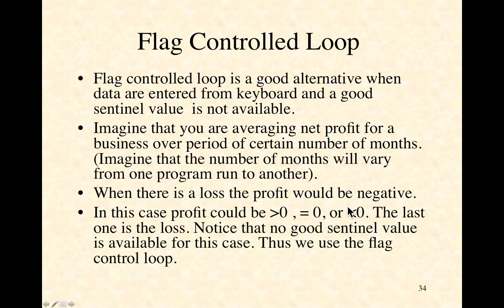Or the profit variable could be negative, in which case there was a loss. Since the profit or loss could have all three values, greater than 0, equal to 0, or less than 0, there is not a good sentinel value available to average the profit or loss over a certain period of months. So in that case, we use a flag control loop. That's our only alternative, and a good alternative.